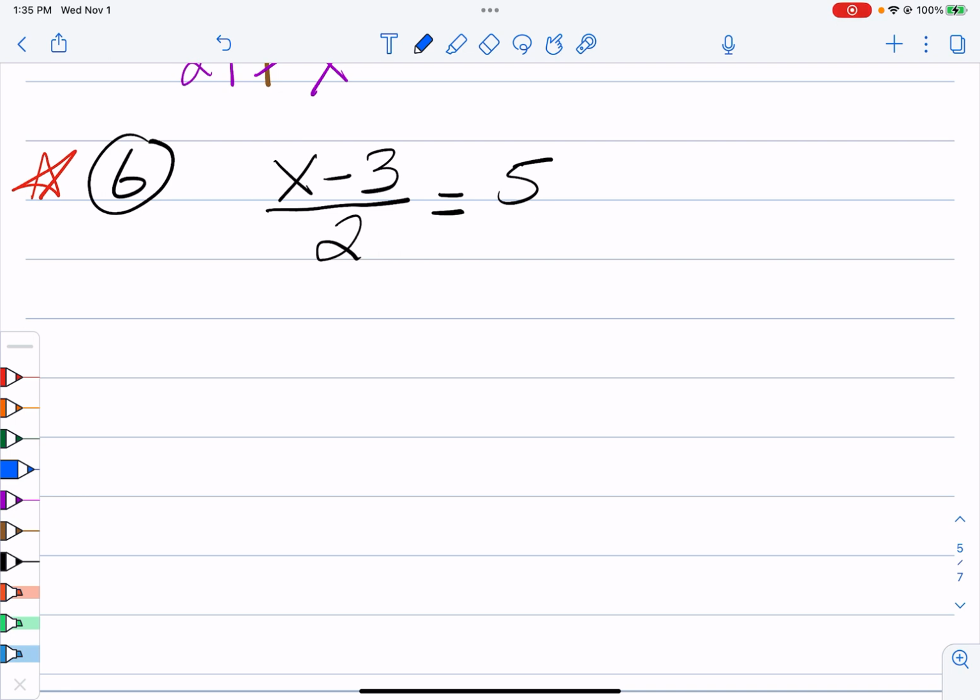However, on this problem, there's a different thing happening because if we look at this fraction, this 2 is dividing both x and negative 3. So that dividing by 2 is affecting the subtracting of 3 also. So we have this one really big fraction. So the first thing we actually have to do on this one is get rid of that really big fraction.